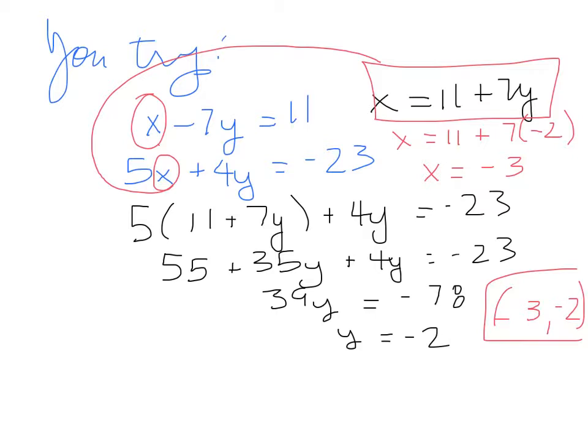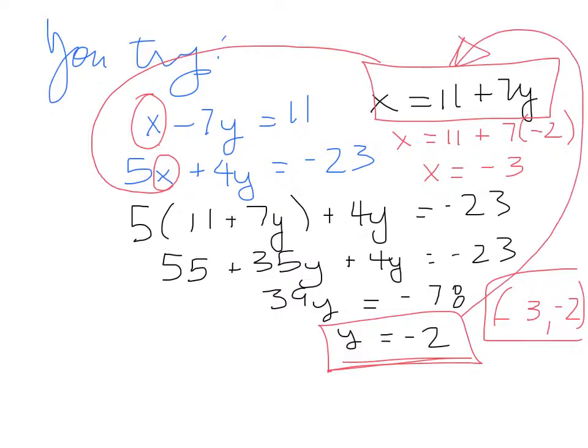So 5 times parentheses 11 plus 7y, plus 4y. Solve all that, and you get y is equal to negative 2. Once I have y is equal to negative 2, it's a matter of going back up to the equation I had for x and figuring out what x is, now that I know what y is. And then put them in an ordered pair for an answer.